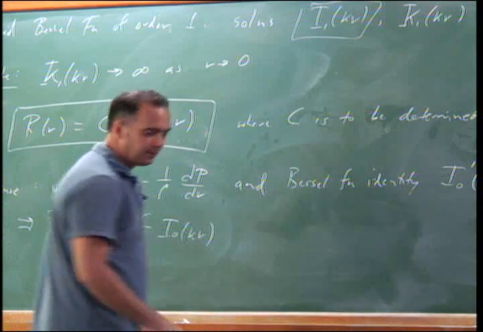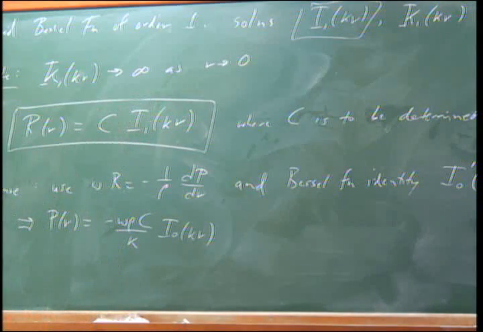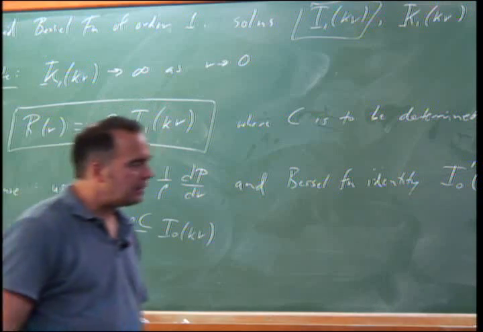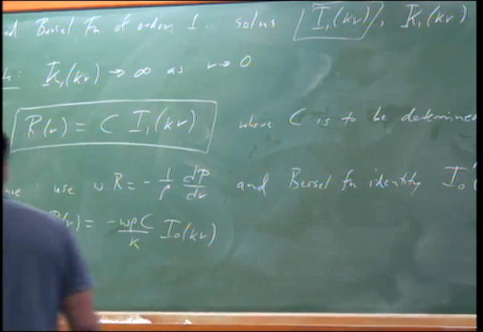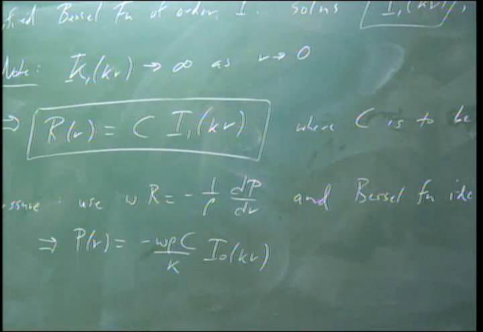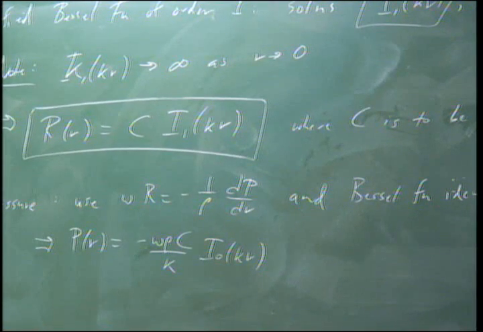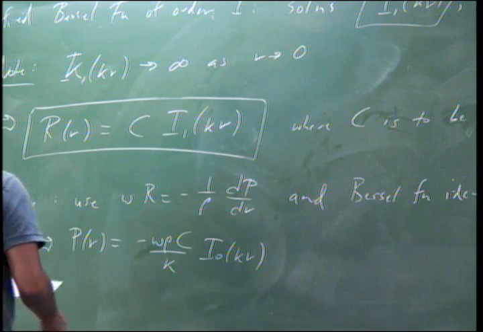Bessel functions are just the standard eigenfunctions. Whenever you get a del squared operator in a problem, for example a diffusion problem in cylindrical coordinates, you always get Bessel functions. They're the basis for cylindrical coordinates, just like sines and cosines are the basis in Cartesian. So this gives us pressure.